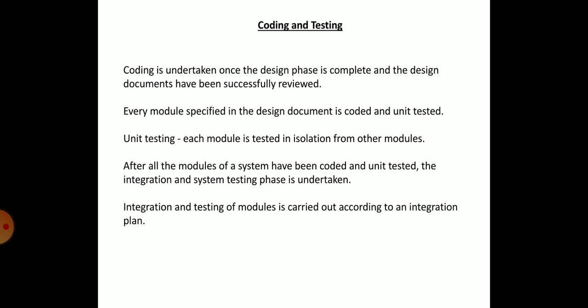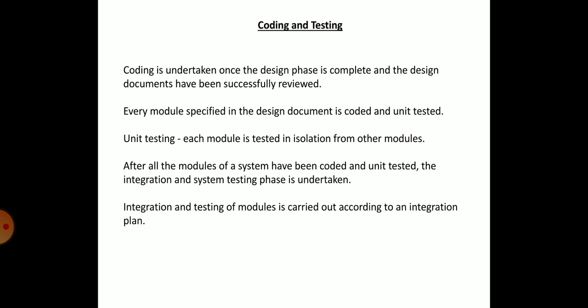That means the algorithms and the data structures that are formed at the design phase will be implemented or written in any of the high level languages, and the language will be chosen according to the software that is to be developed. So this is the objective of the coding phase, that is to transform the modules in the design document.